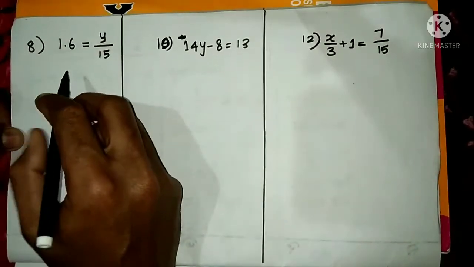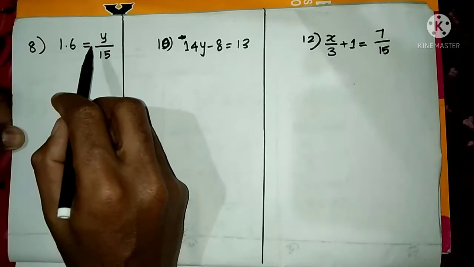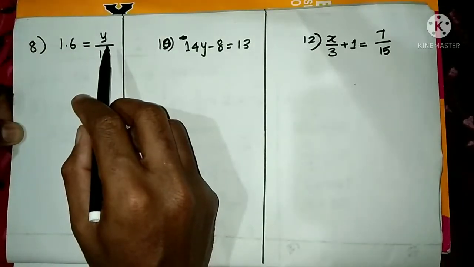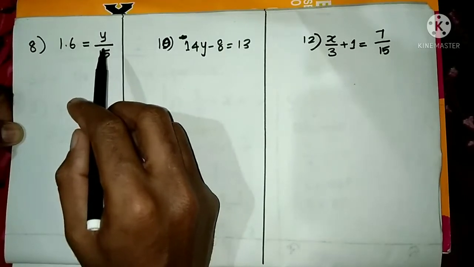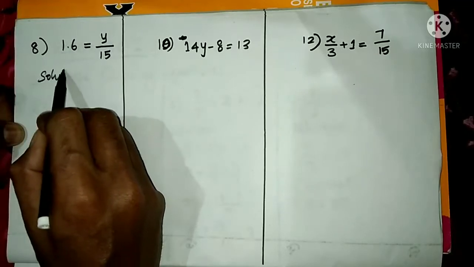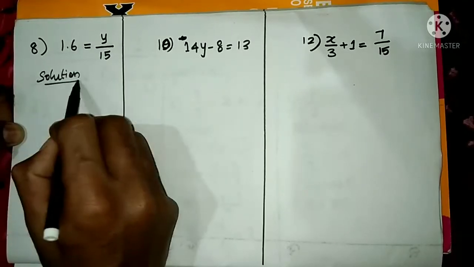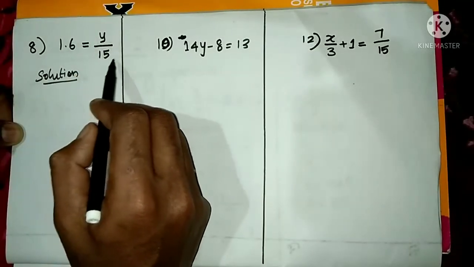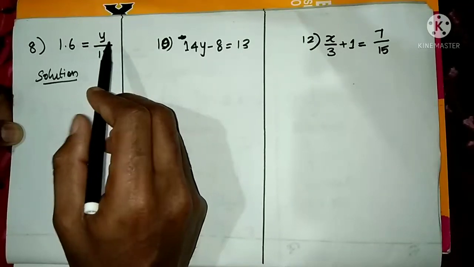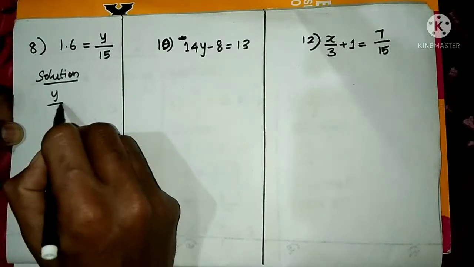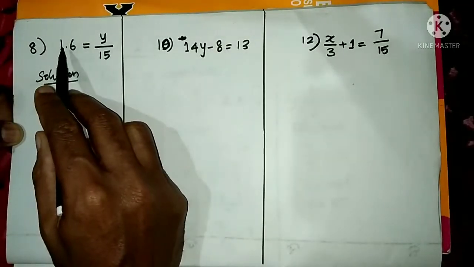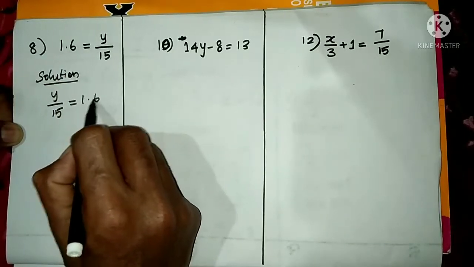Now we solve the next question. Here, if you see in question number 8, the variable is on the right side. So we write what is on the right hand side in the left like this, and what is on the left hand side we write on the right hand side.